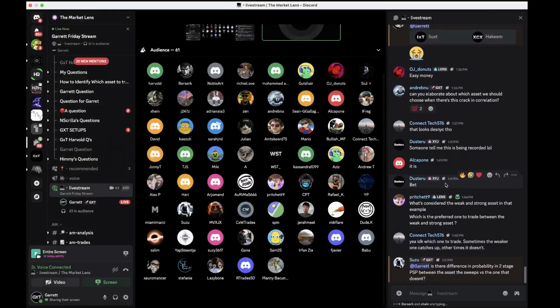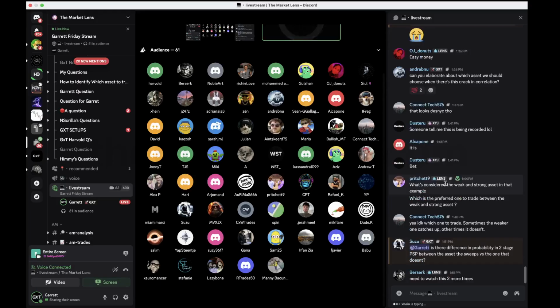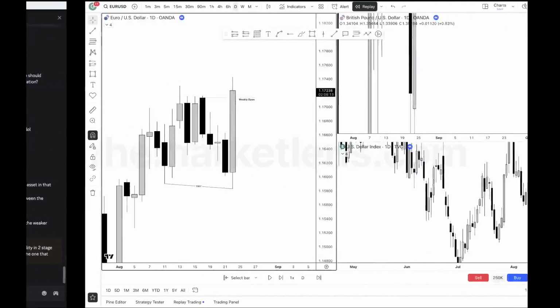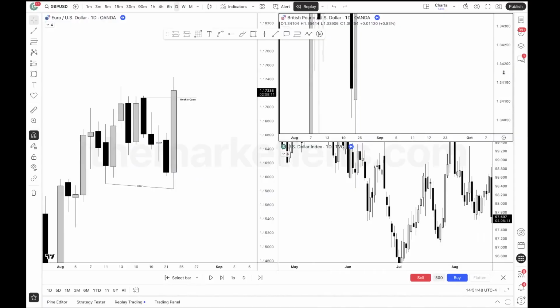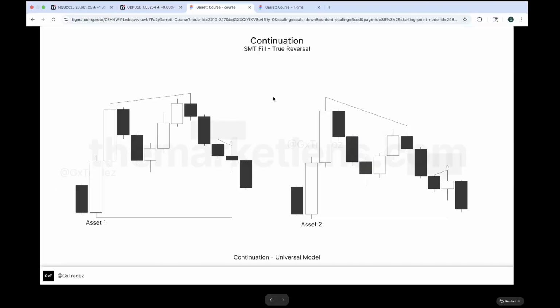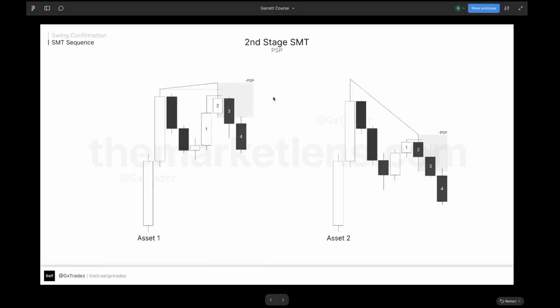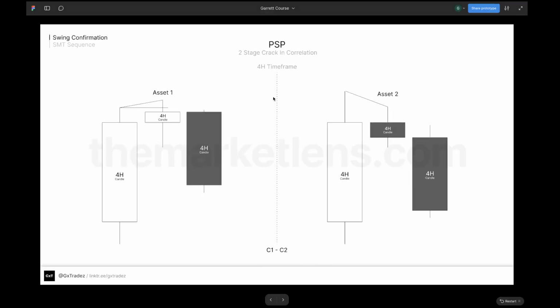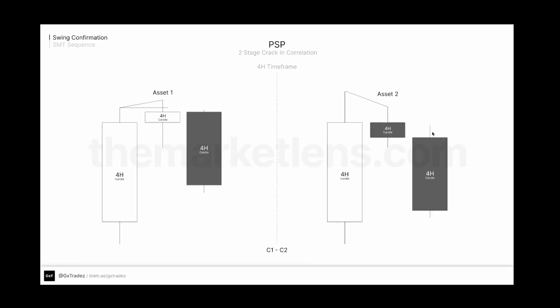Is there a difference in probability in two-stage PSP between the asset that swept and the asset that doesn't? Yeah, so of course the asset that doesn't sweep, think of it like a regular SMT. So let's go back to PSP itself. Go back all the way here. So the asset doesn't sweep. So this one is going to be the best asset to trade because it's weaker, right?